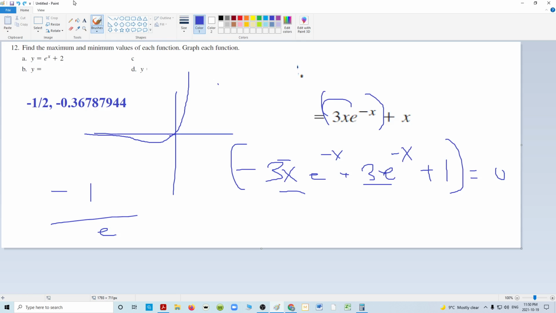If I set it to 0, the question becomes, when is this whole thing equal to minus 1? At that point, I can take an e to the minus x out of it. I can even take a 3, and I can even take a minus. And I'm left with x plus 1. Now, you cannot figure it out because it's equal to minus 1. And it makes the determination of this very, very difficult.